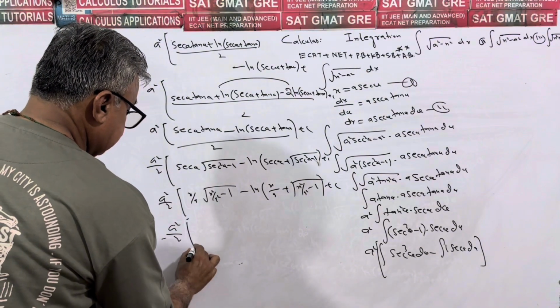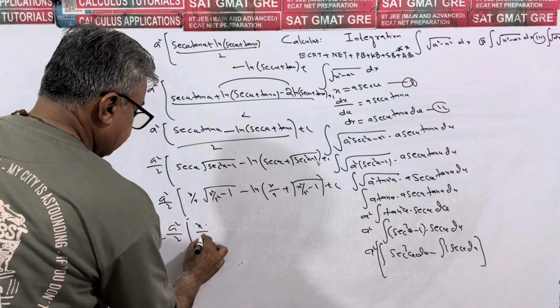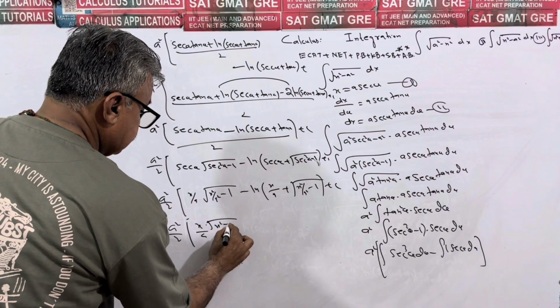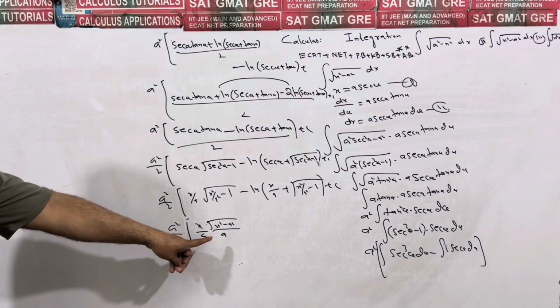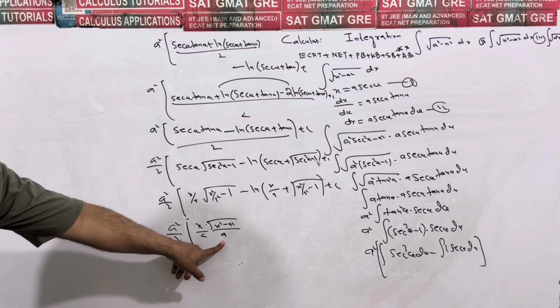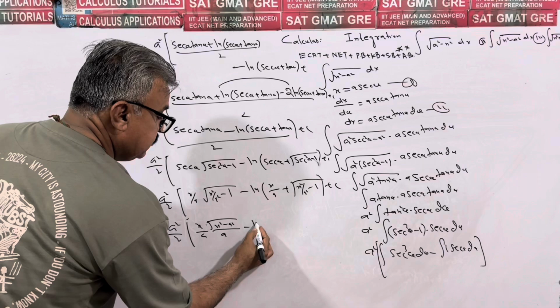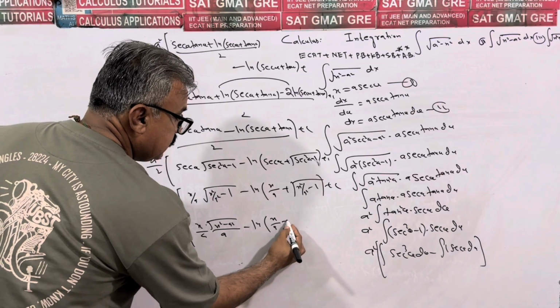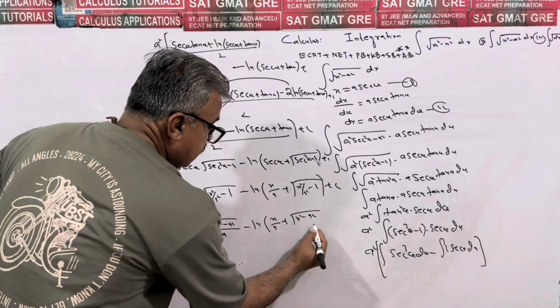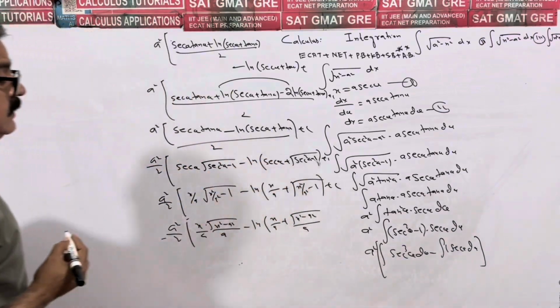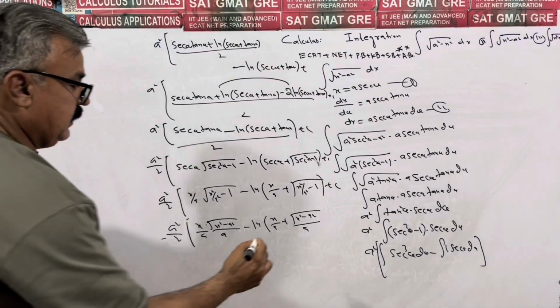That's our final answer. x over a times √(x² − a²) over a. I have taken a² outside the radical sign, minus ln|x/a + √(x² − a²)/a|. After taking LCM, a² can be written outside the radical sign as only a.